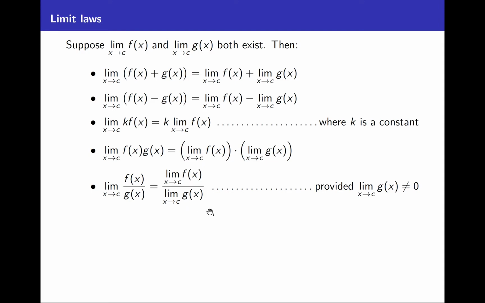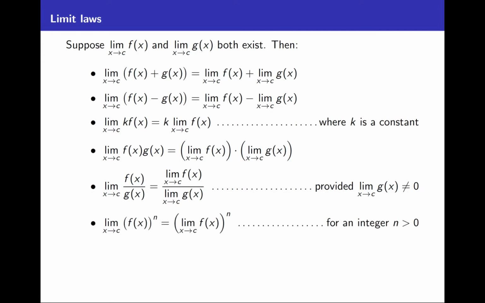This is a very useful limit law. You've got to be a little bit careful though, because if it ever happened that the limit as x approaches c of g of x was equal to 0, you'd be dividing by 0 in this law, and it wouldn't work. So this works provided that the denominator, the limit as x approaches c of g of x, is not equal to 0. So you've got to be a little bit careful there.